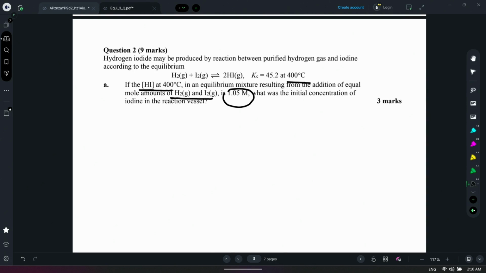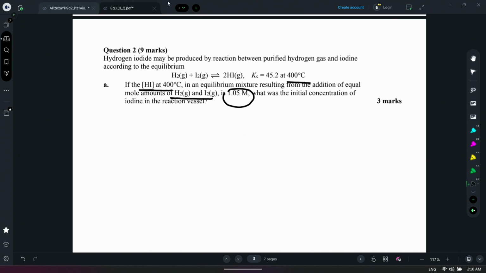They are saying that the concentration of HI, which is 1.05, is achieved after adding an equal number of moles of H2 and I2. Okay. Now, the question is asking what was the initial concentration of the iodine in the reaction vessel.